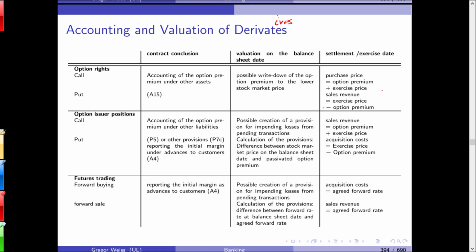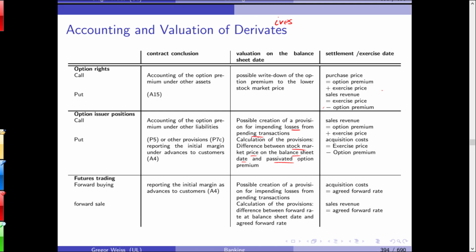You might be forced to create a provision for impending losses from pending transactions, in German Rückstellung bilden. And how do you calculate these provisions? You take the difference between the stock market price on the balance sheet date and the passivated option premium.